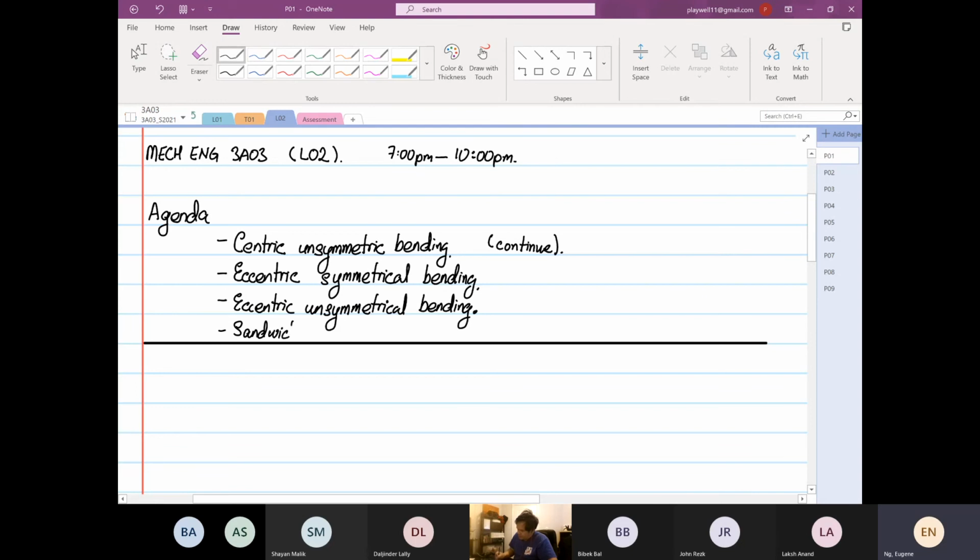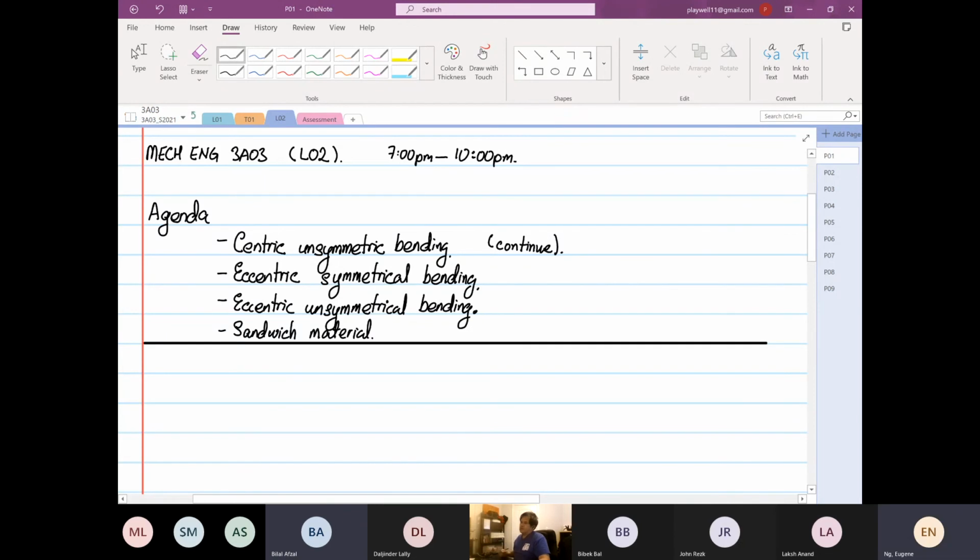If time permits, today I will also cover sandwich material. Now, question for you guys: have you done sandwich material in P04? Sandwich material is a structure made of more than one material. Anyone? I think we covered it in 2P, something that had more than one material.